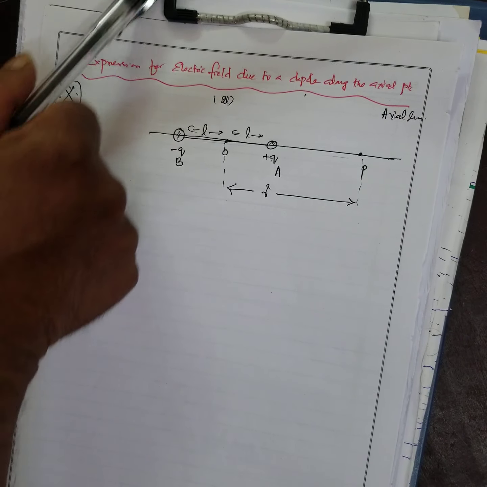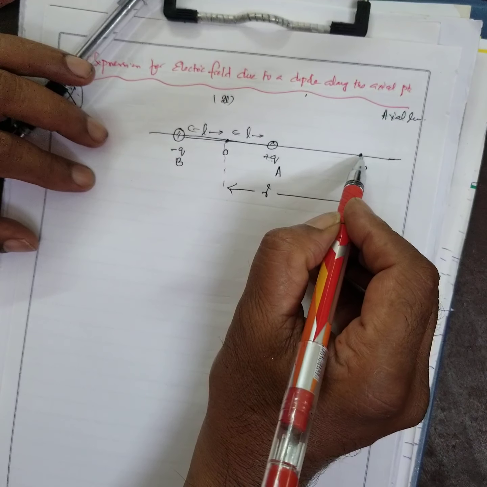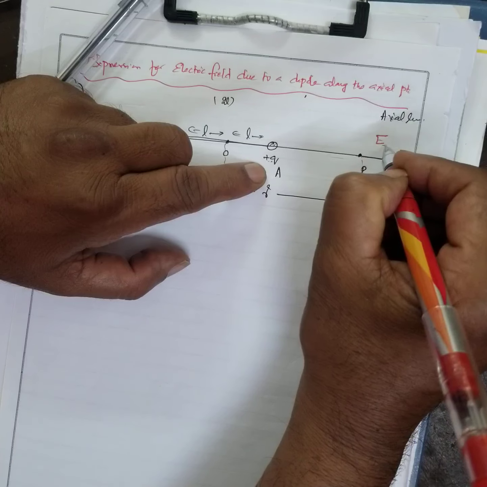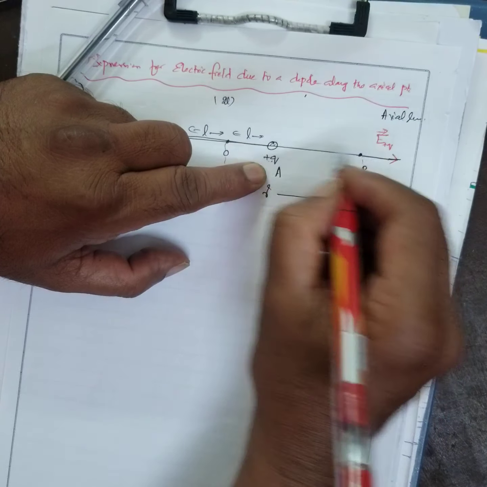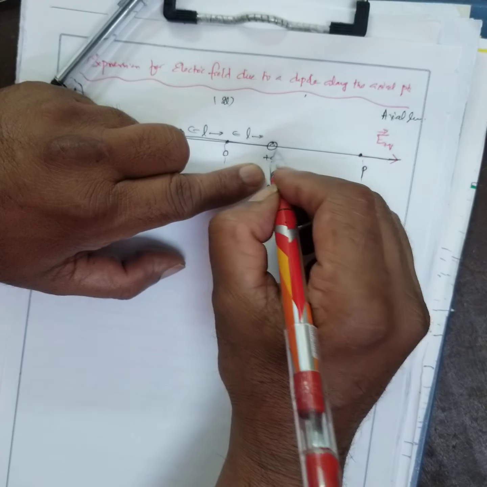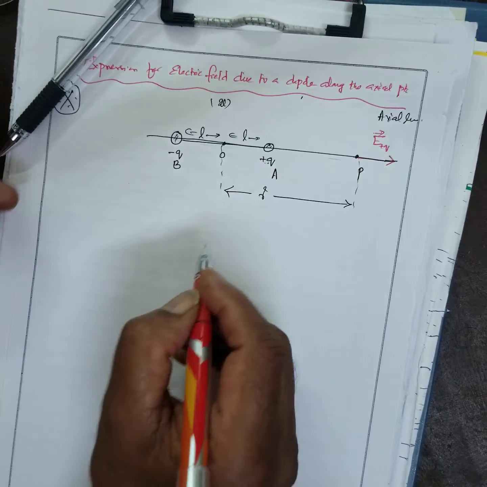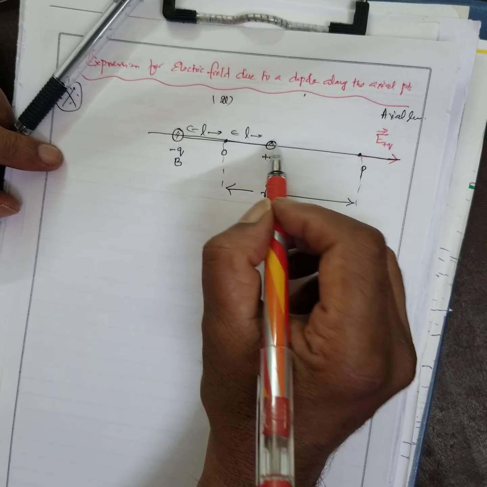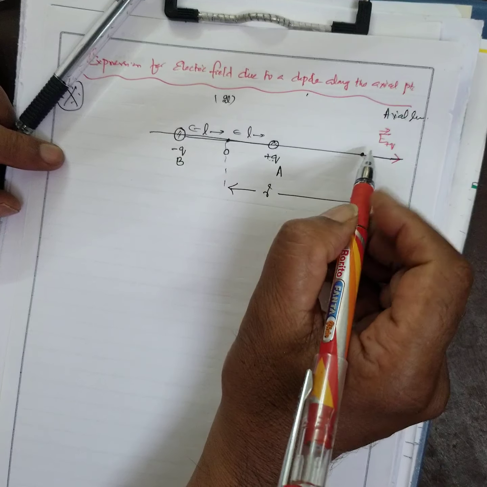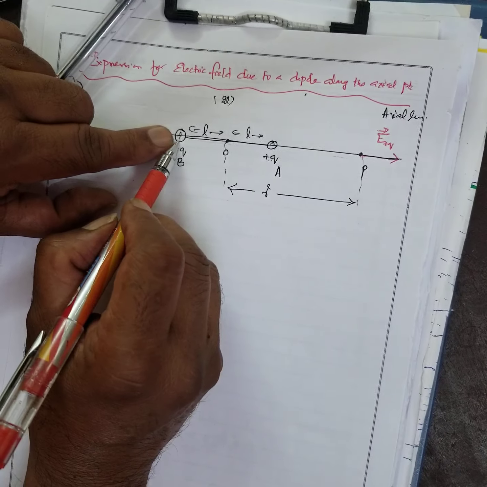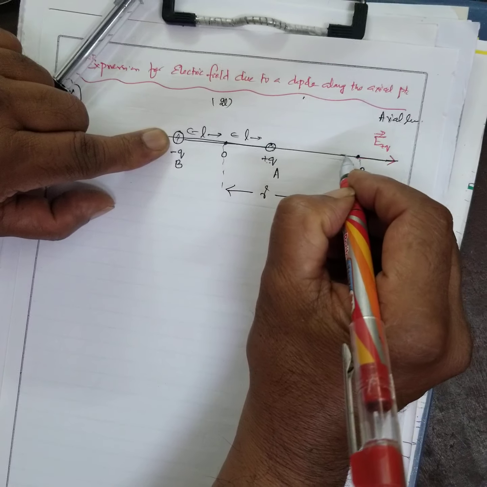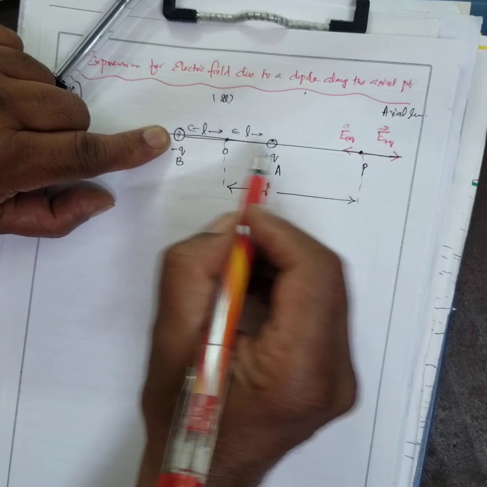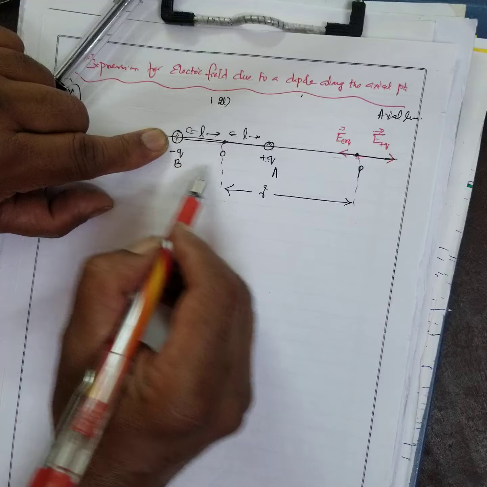Now what actually happens is, this positive charge is very close. Therefore, the electric field due to positive charge plus Q is large here, along AP, because the distance AP is very small. The electric field due to the negative charge at this point is smaller, because it is a far off distance.